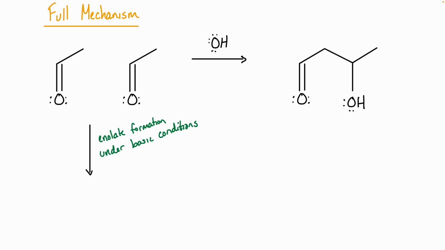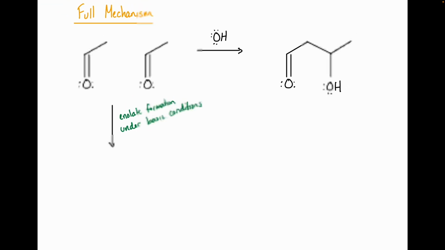We need that enolate formation here. So you're going to take one, not both of them, but just one of your aldehydes and show me how to form that enolate under basic conditions. Once we do that formation, the next step is going to be nucleophilic attack.